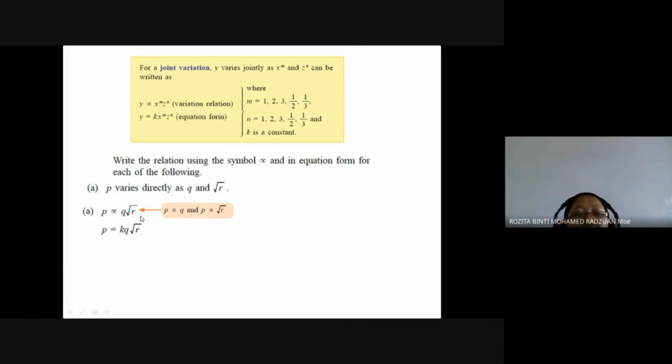This is in the form of variation. And then we transfer to the form of equation: p equal to k q square root of r. We just add on the constant k in front of the variables and we have the equal sign here. So when we transfer, we write down p equal to k q square root of r.